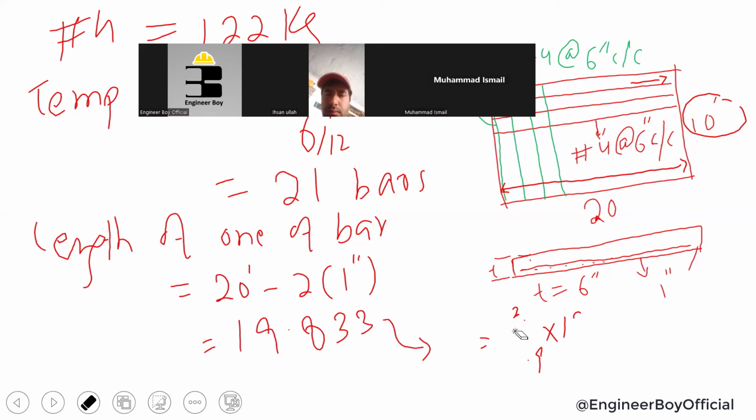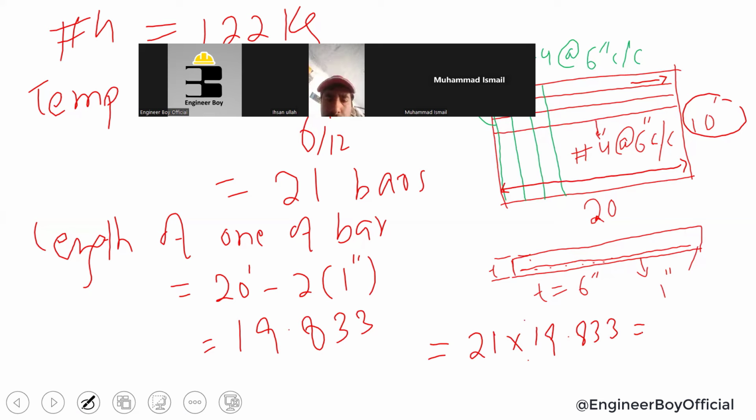Now important thing: we actually need the total length, not length of one bar. So the total length, which means the length for 21 bars, is 21 times length of one bar. What do you say? This is what we want, and this is necessary.